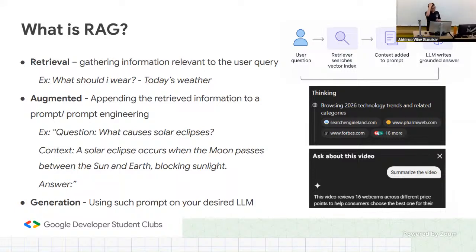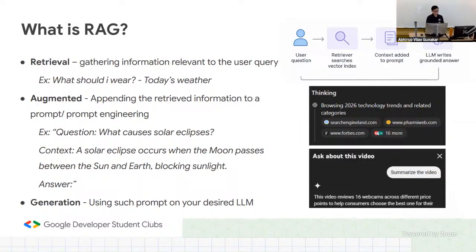And the second part is the augmentation. Basically, after you get the information, it's just appended to your question, usually following standard blueprints that are provided and tested by people.